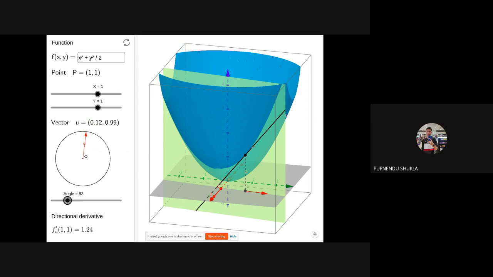And this straight line is basically tangent on this plane. How is the plane created? The plane is basically in the direction of the vector we are seeing. So the slope of the tangent is basically our directional derivative. Okay. So like putting a stick on the top.